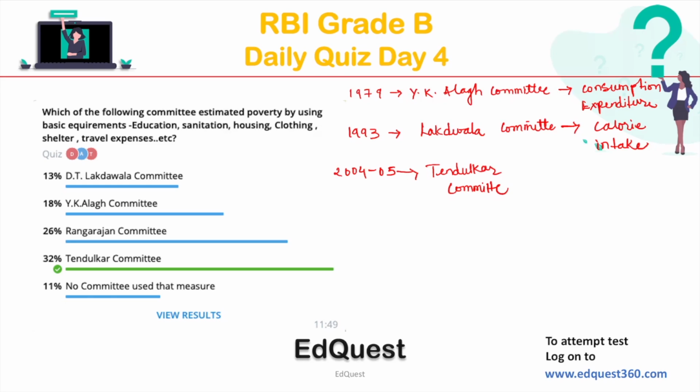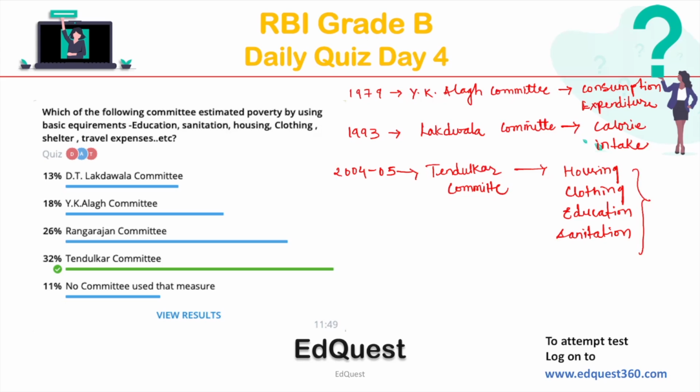So it suggested estimation of poverty by using basic requirements of the poor such as housing, clothing, education, sanitation, etc. So it estimated poverty based on these measures.